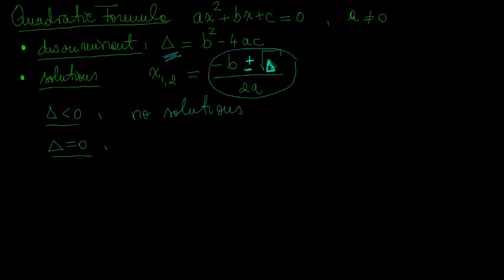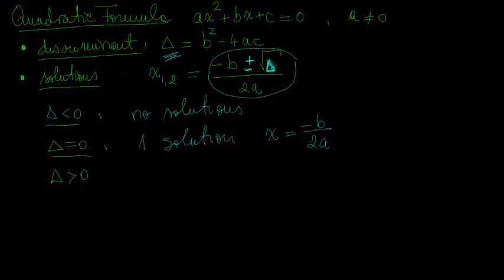However, if delta is 0, square root of delta is also 0, so if I add or subtract 0, it's not going to really change my solution. So in this case, the solution is going to be unique. I have one solution, and it's going to have the form of minus b, well, plus or minus 0 doesn't change anything, divided by 2a, and interestingly, it is actually the formula for the vertex for a very good reason.